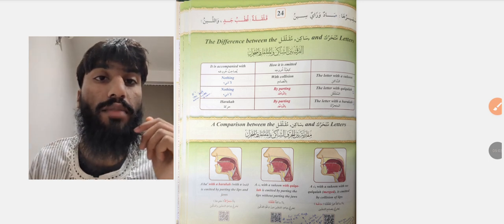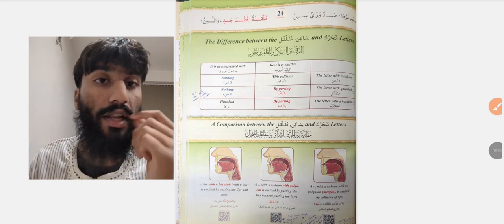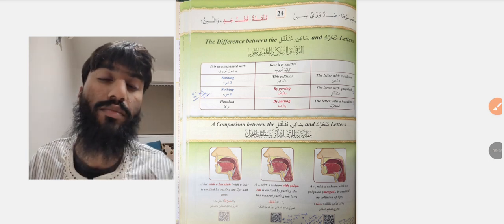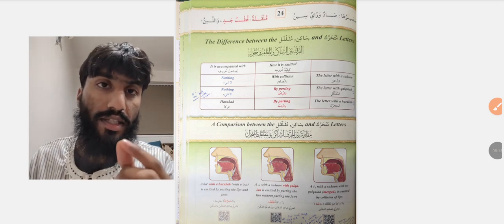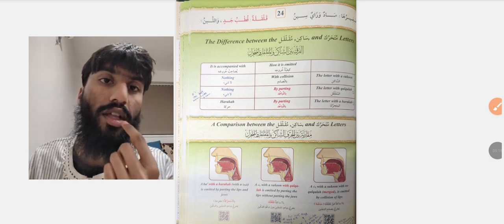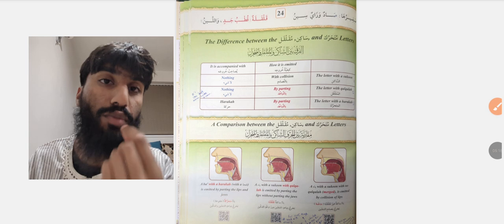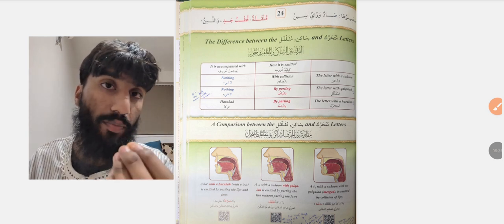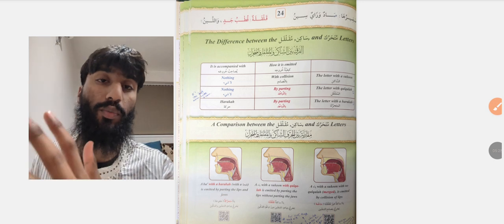Abu, abu. You just let go. You let go and let it separate the tiniest bit so that the a can flow out. Do you see how, by understanding why qalqala exists, you can know how much to part your lips? You only part your lips the amount that's required to let sound flow.